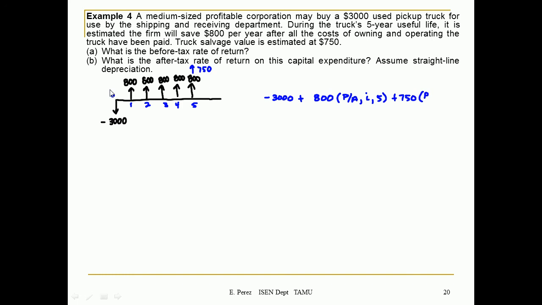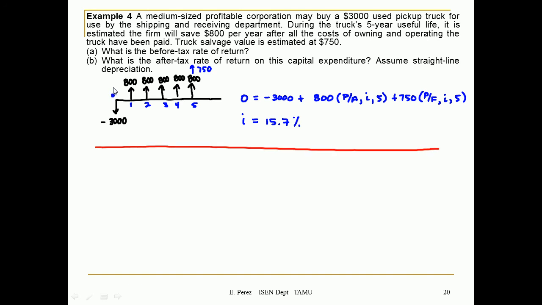We're going to bring that to the present from the future, interest rate, 5 years. And all this equals 0. So again, this is the present worth. And if you solve this, and we have discussed different ways of solving this, interpolation, using tables, and so on, you will get that the interest rate equals 15.7%. So that's our before tax rate of return.